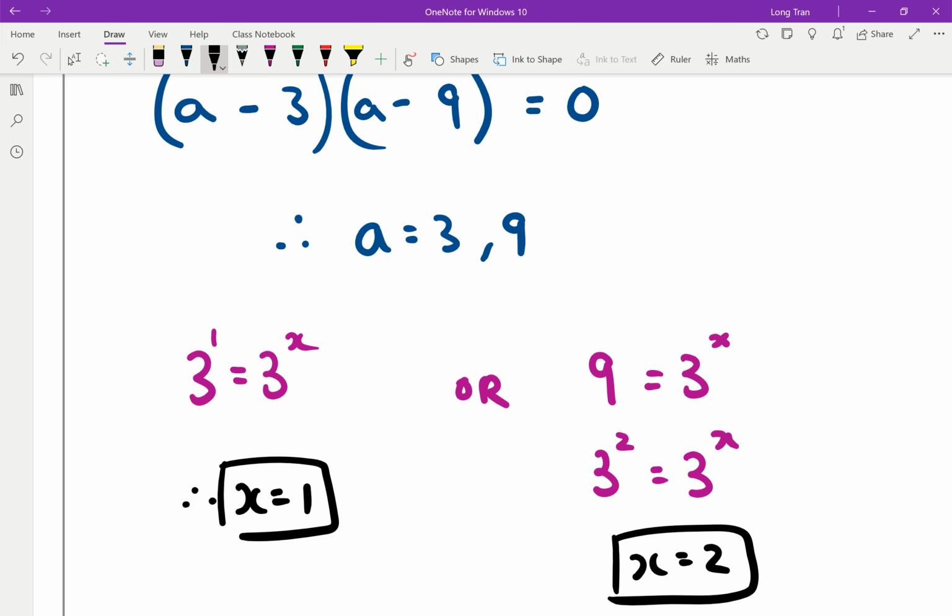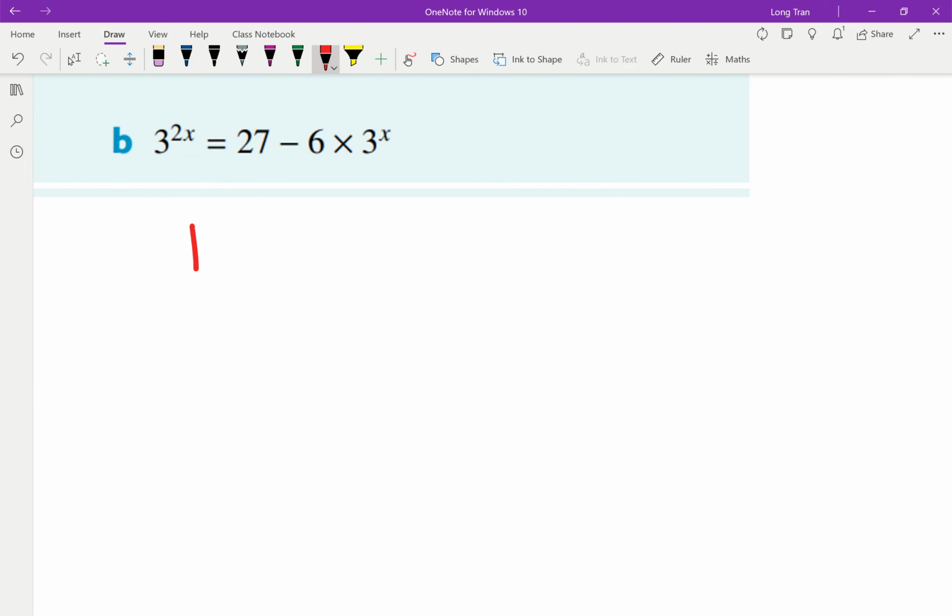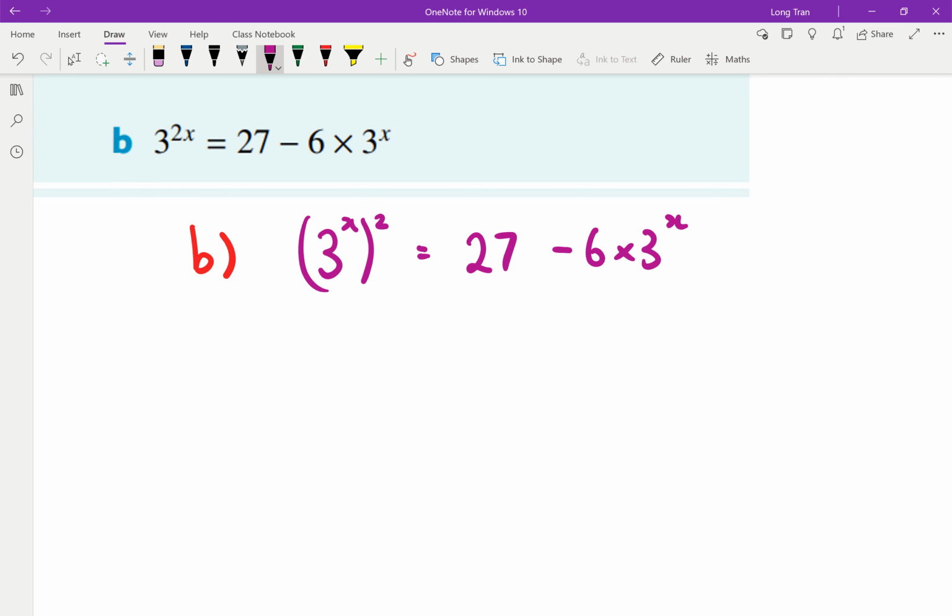Okay, so that's how you would solve that type of problem. Let's do it again. Let's do b. Same thing again. I'm going to rearrange 3 to the power of 2x to become 3 to the power of x all squared, because that's essentially what it means. It equals 27 minus 6 times 3 to the power of x, and again I can let the letter a equal 3 to the power of x.